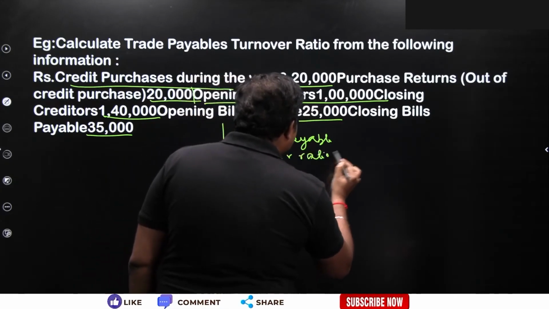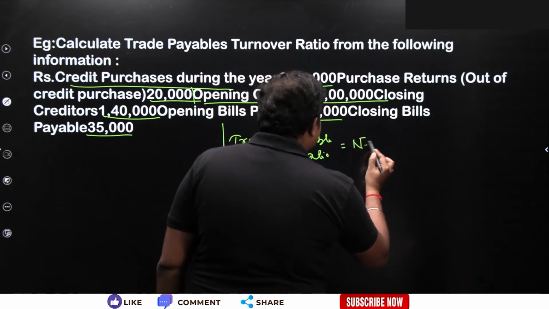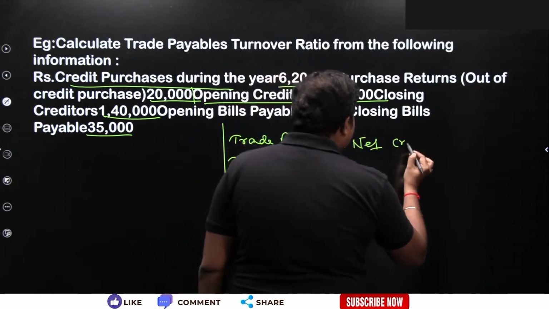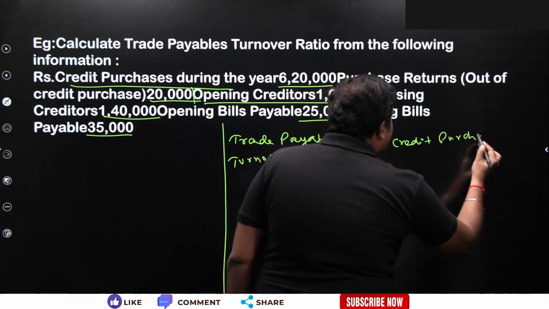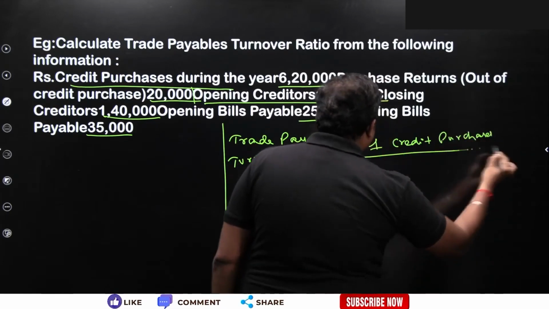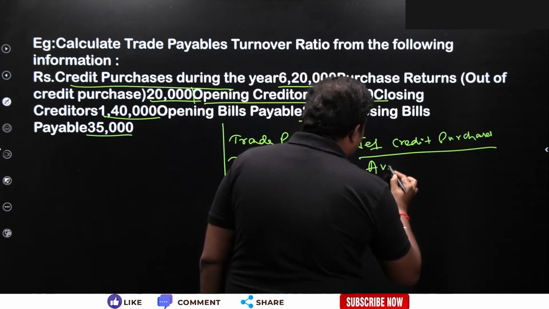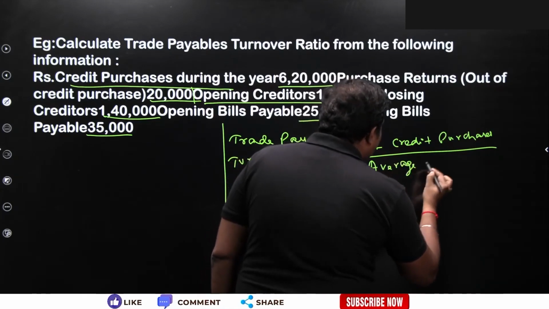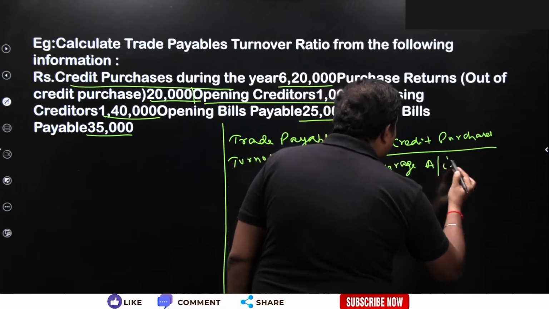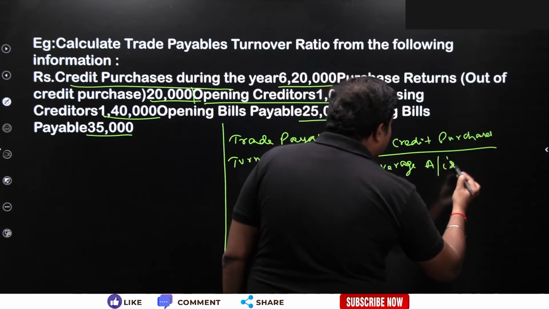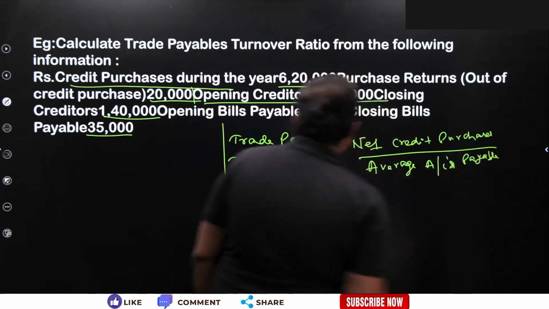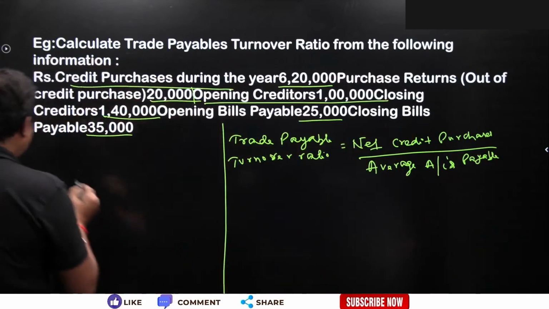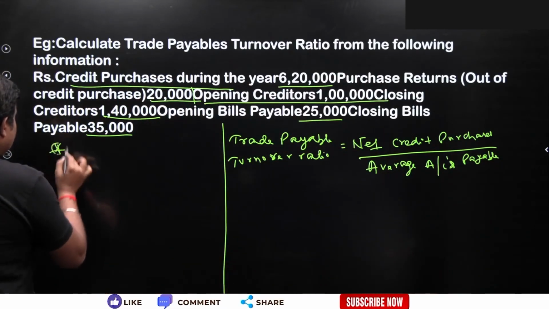So the formula is net credit purchases upon average account payable. And as I mentioned, whenever I say account payable, it means creditors and bills payable. So let's find this out. First of all, I would like to find the net credit purchases.